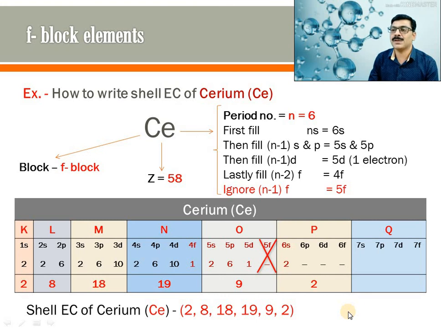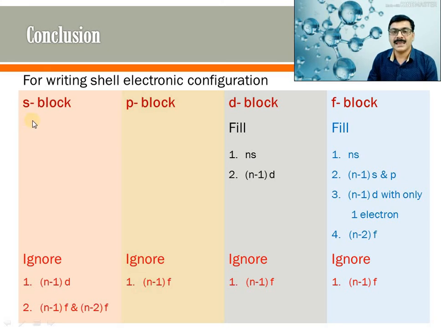If you remember all these 5 things, then you can easily write the shell electronic configuration of an f block element. In this way, you can remember the different things for S block, P block, D block, and F block elements. You can easily write the shell electronic configuration of every element in the periodic table.